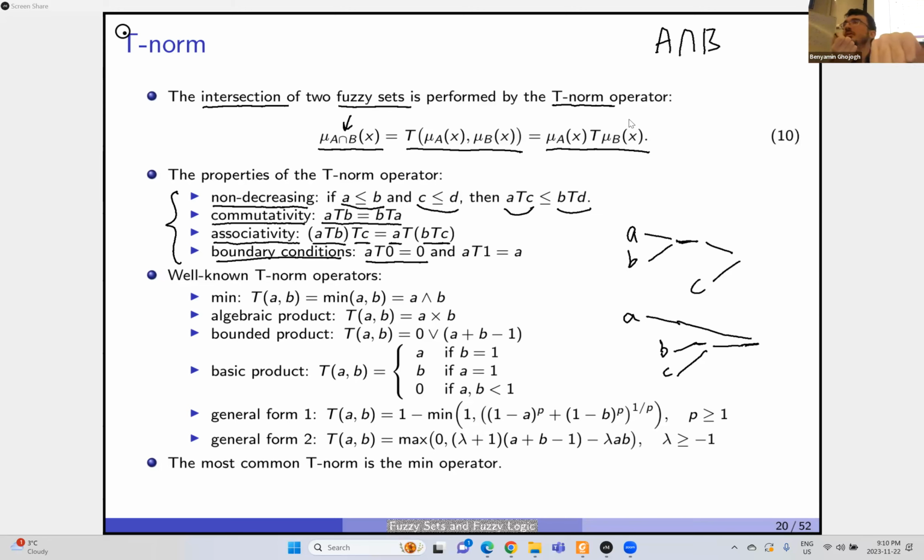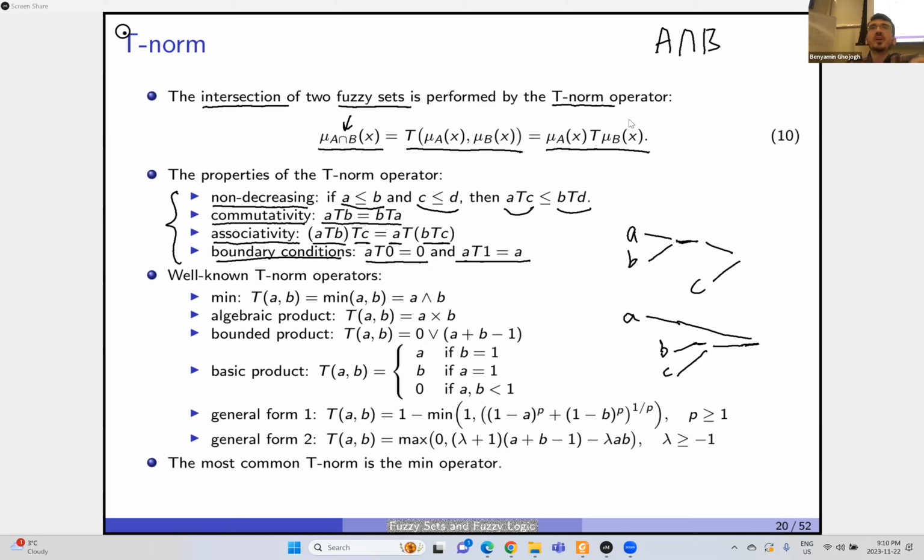The intersection of a set and 0 should be 0. The intersection of A and true should be A itself. Kind of, you can see intersection as a lower bound, and union or S-norm as an upper bound. I'm saying that kind of, okay?